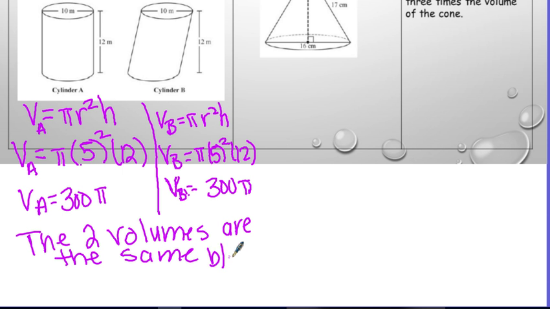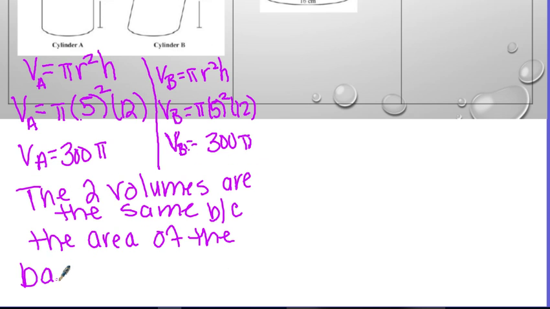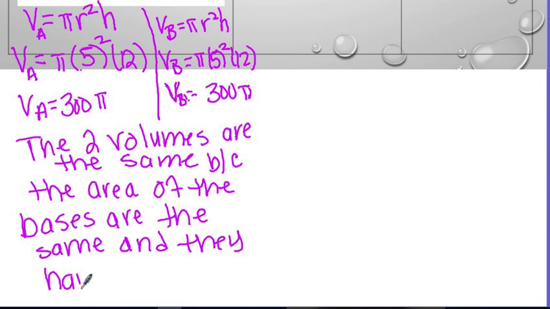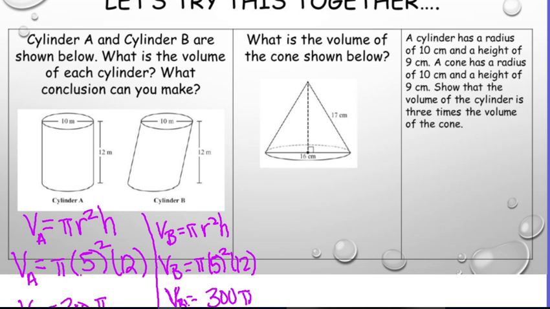And that is because the area of the bases are the same, and they have the same height. And there we go. So that's the answer to that question.